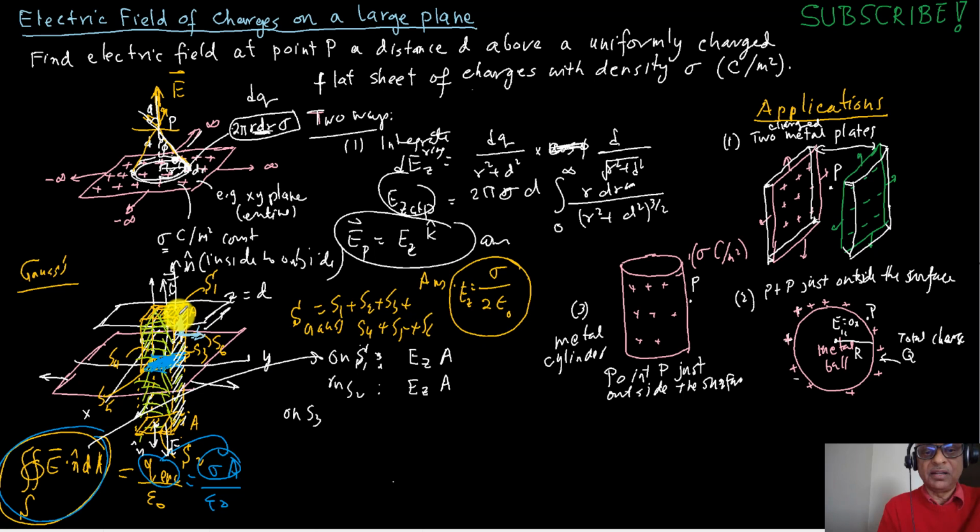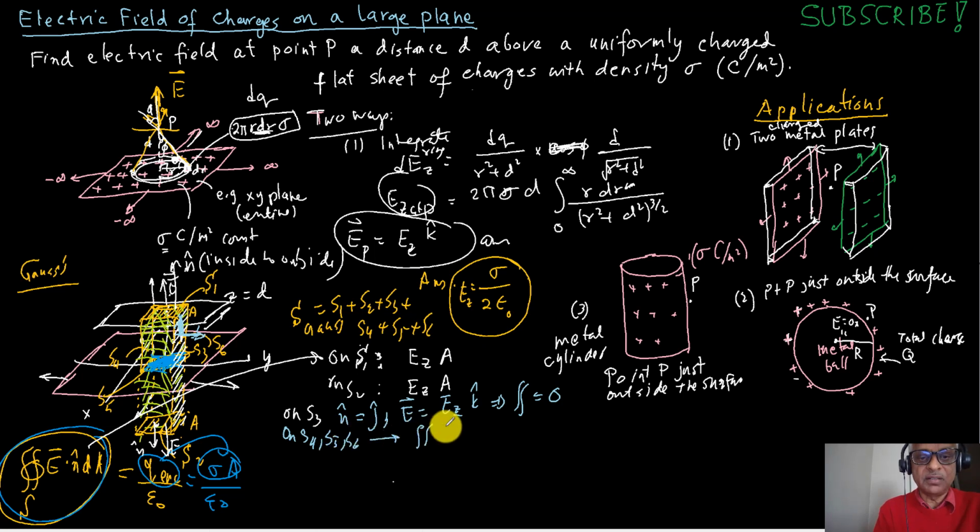So the normal is j hat, but the electric field is EZ k hat only. That means this integral equals 0. The same argument applies on S4, S5, S6, all these integrals are 0.